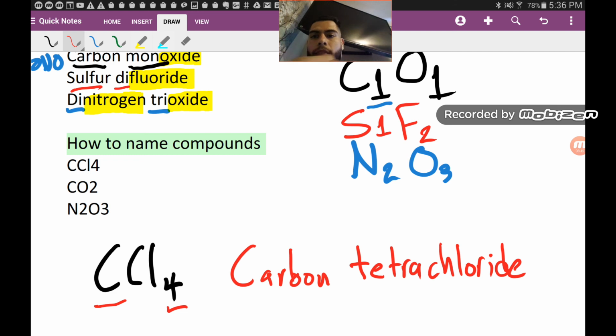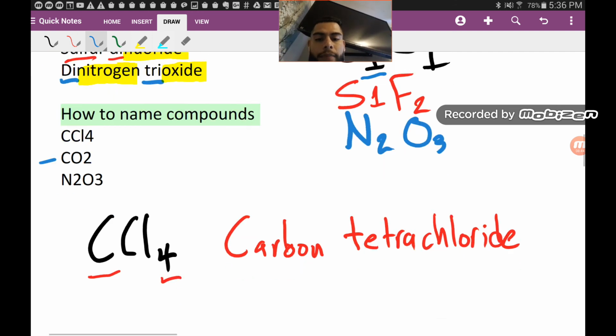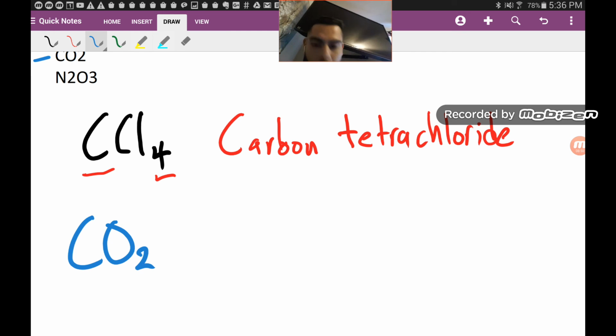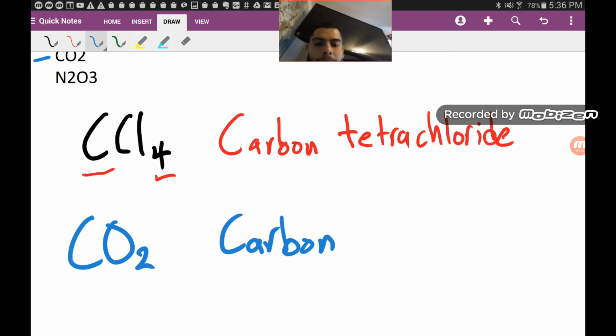Okay. Let's look at the next example, CO2. I'm going to write it here. CO2. And we have 1 carbon, so we're just going to say carbon. And then we have 2 oxygens. The prefix for 2 is di.